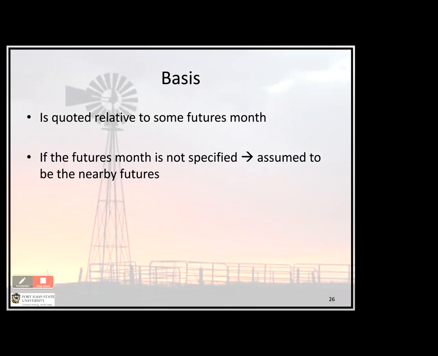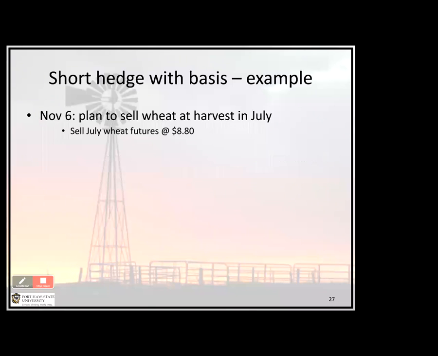We can quote basis relative to other months, and talk about deferred basis, and we'll do that later on in the semester. But right now, all we care about is the nearby basis, which is your current cash price minus your nearby futures month contract.